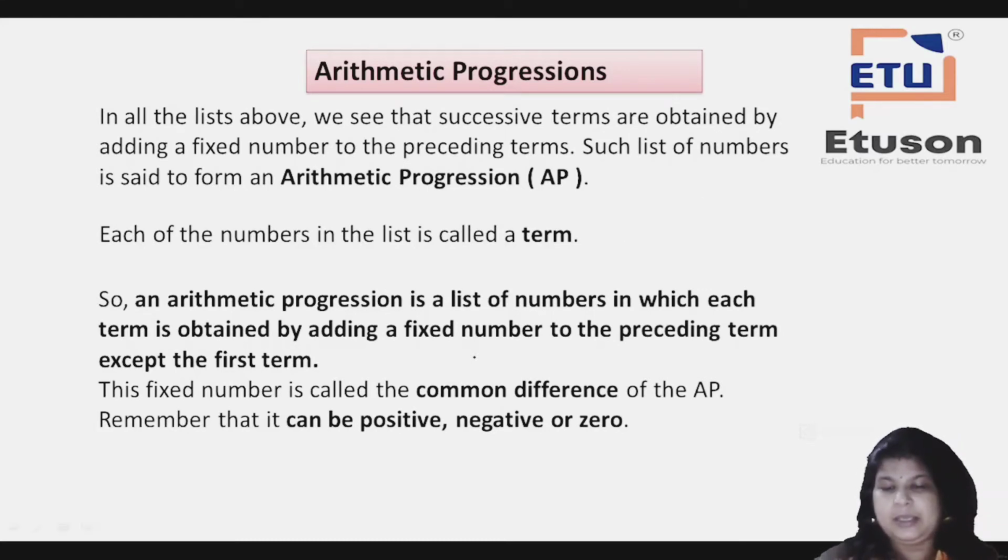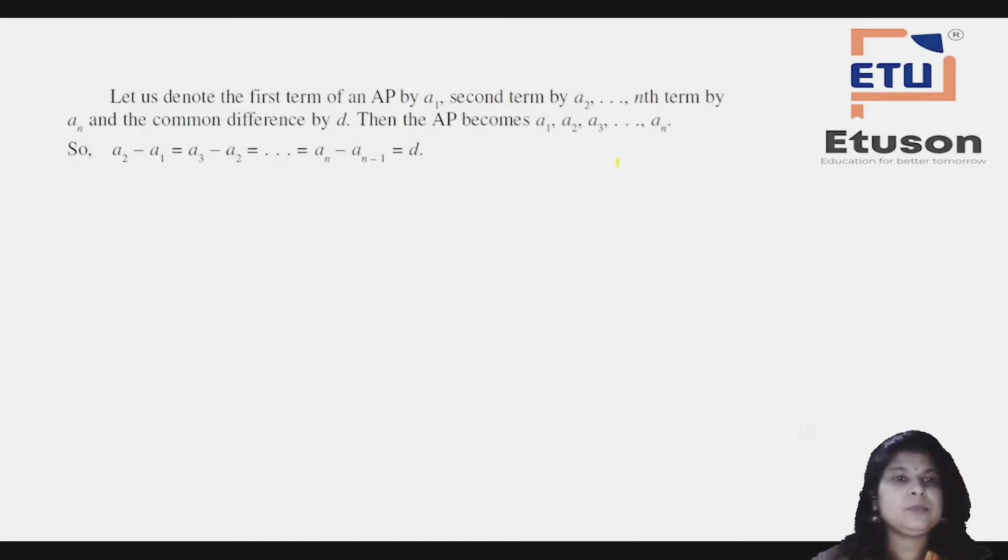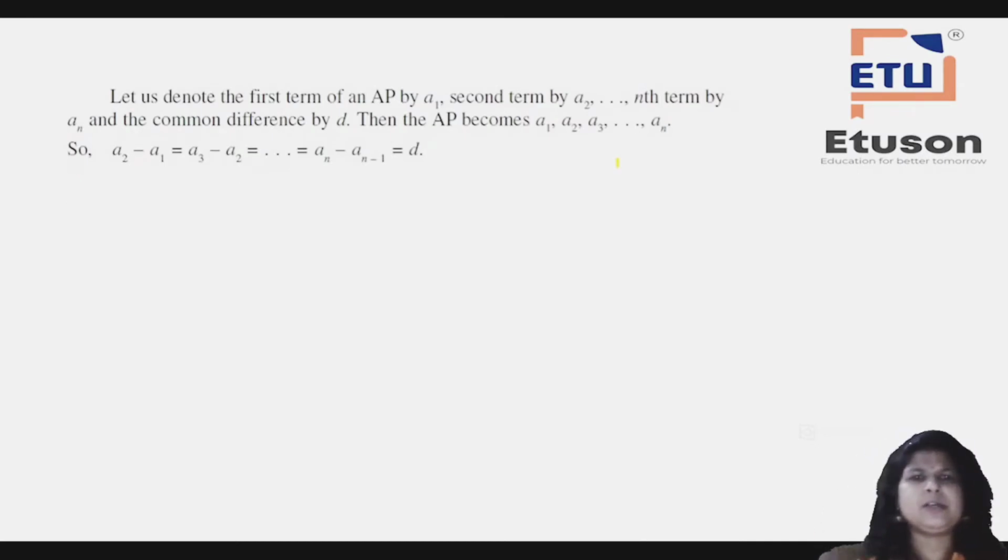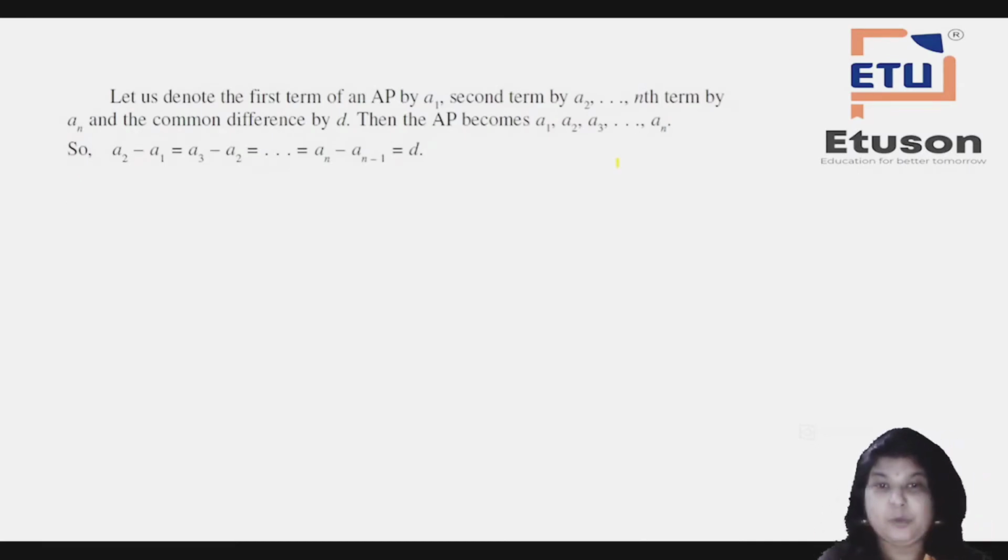Now let us denote the first term of an AP by a1, the second term by a2, the nth term by an, and the common difference by d. Then the AP becomes a1, a2, a3, up to an, the nth term.